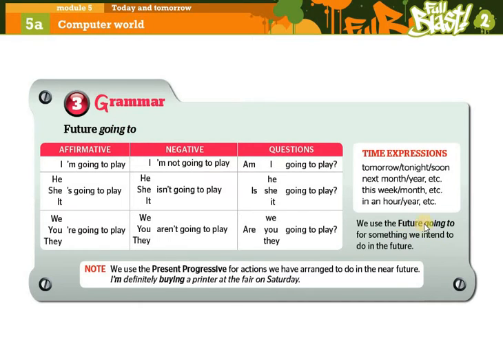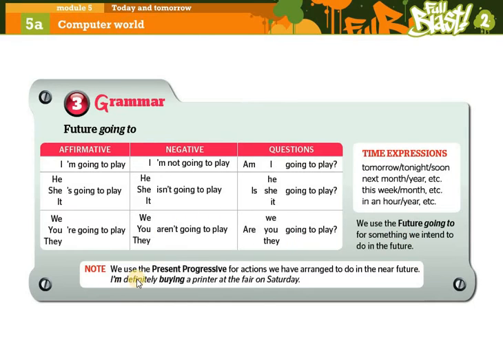When do we use it? We use the future going to for something we intend to do in the future, something we are planning or have arranged to do.